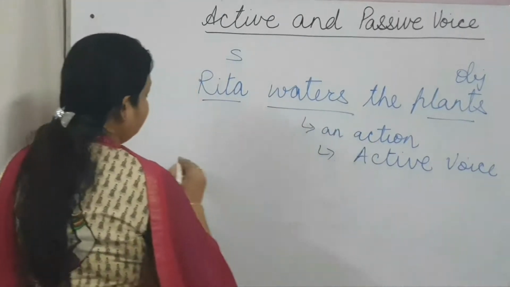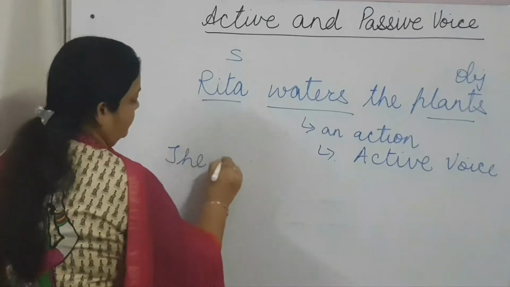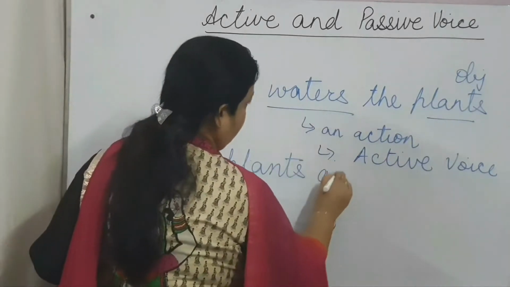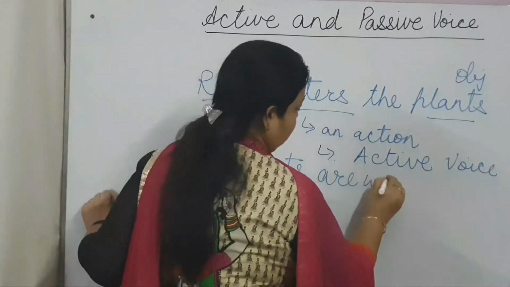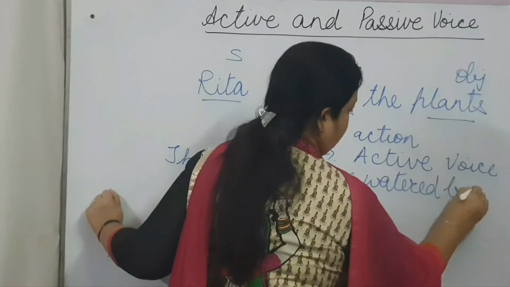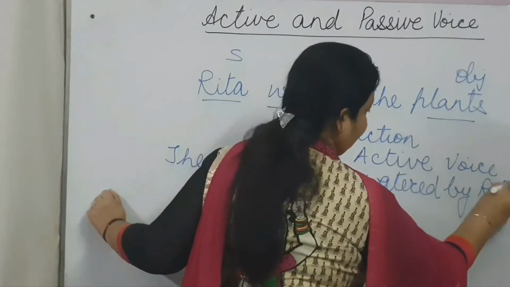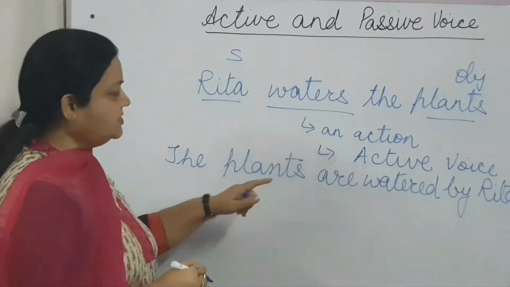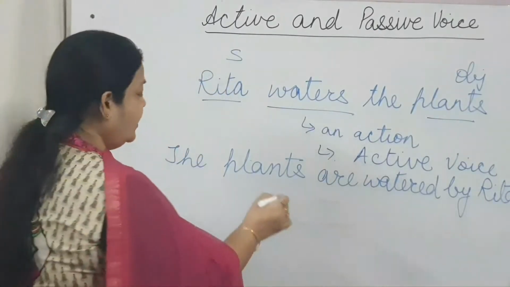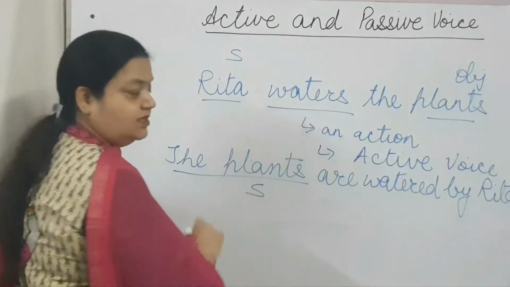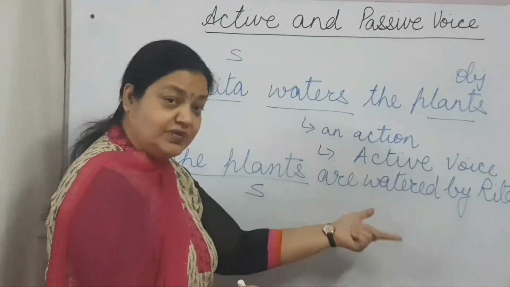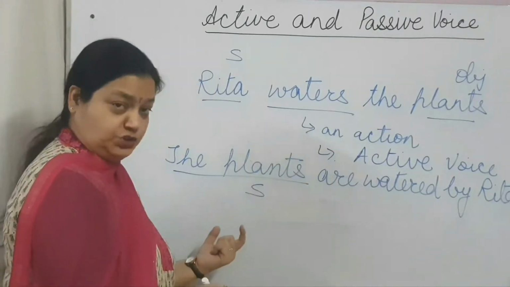Now supposing I say, the plants are watered by Rita. Here you can clearly make out that the plants are the subject. Are watered means they are receiving an action.